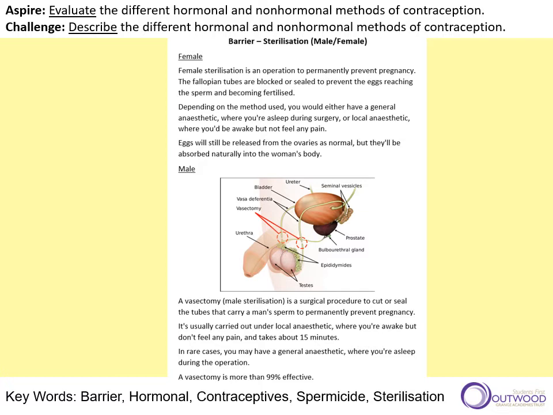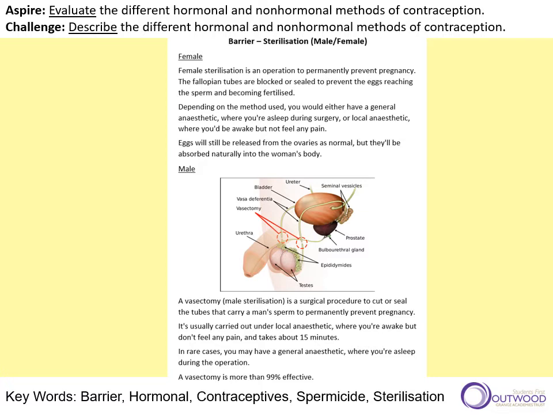So that is a permanent method. The male version is called a vasectomy, and here, as you can see from the image, from your testes, of which there are two, there are two tubes, or a tube each, called the vas deferens, or in this case the vasa deferentia, and those two tubes link up with the urethra, basically going and collecting fluid through your prostate.